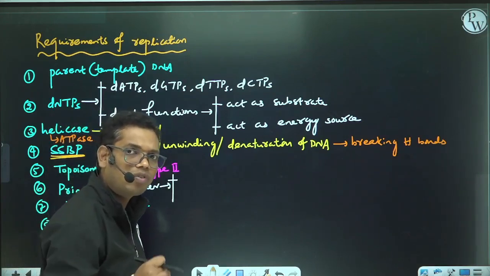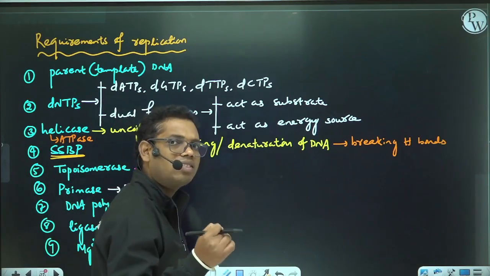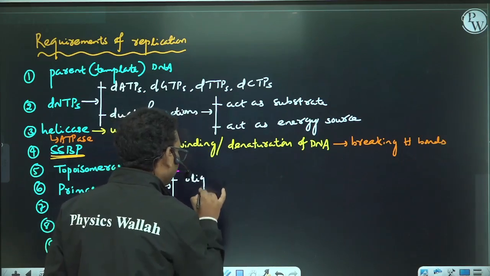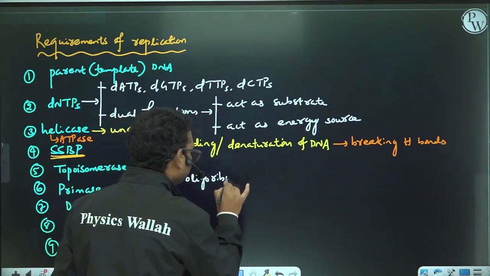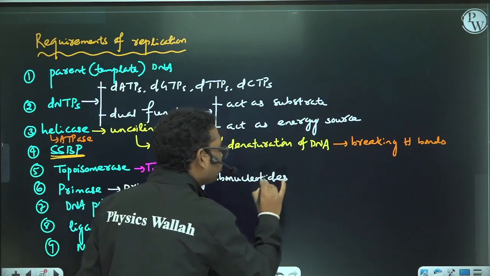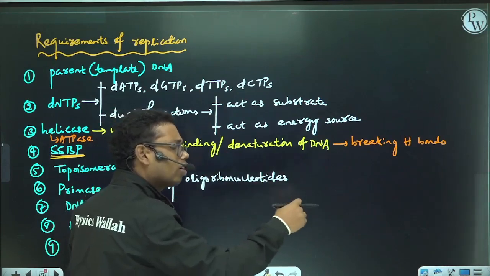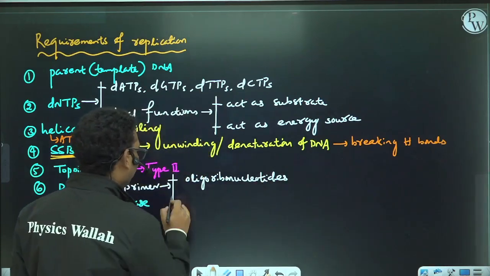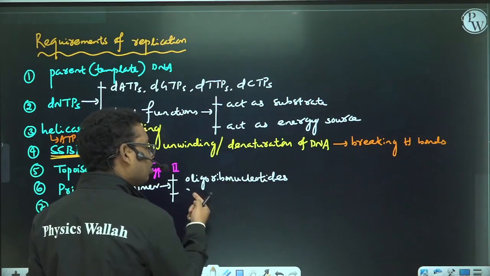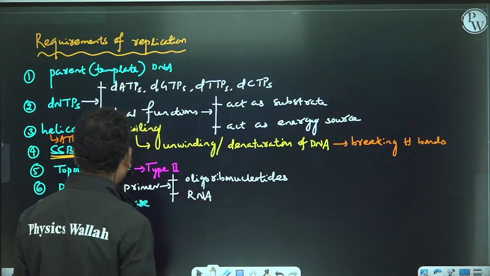It has few nucleotides, less than 15 nucleotides, so I will call this an oligo-ribonucleotide. It provides the 3' OH group to the DNA polymerase, which allows the DNA polymerase to cause elongation. This is RNA in nature.